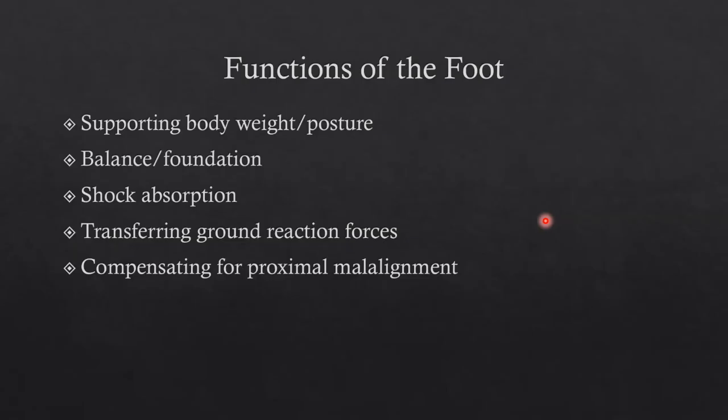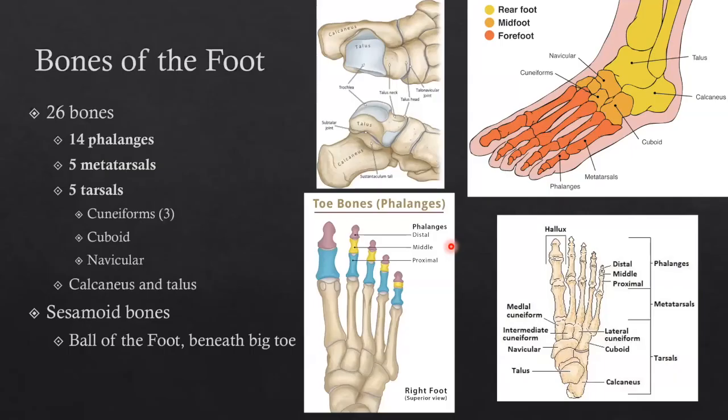If we have any abnormalities about our core and hip region, the foot may also compensate for that misalignment or that abnormality realized in those regions. And it also plays a critical part in transferring ground reaction forces and absorbing those ground reaction forces whenever we run, jump, walk, ambulate, etc.